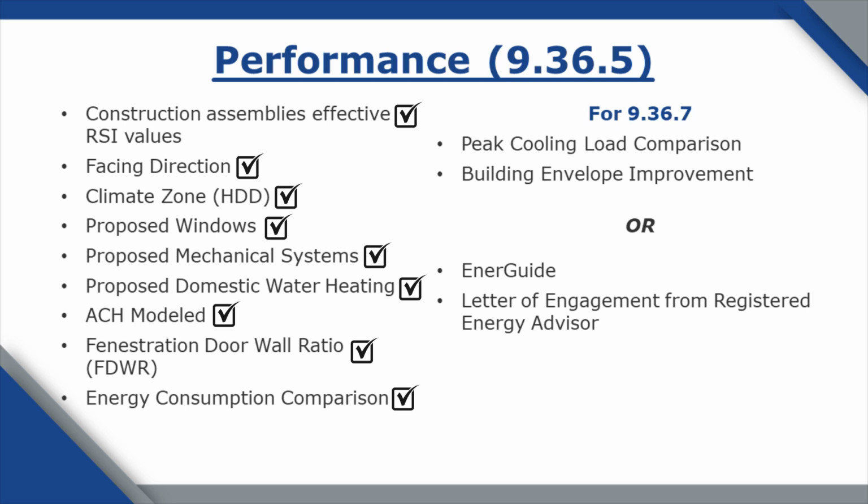Now, when we move from there, using the 9.36.5 performance model, and we move into the tiered portion of the code, the 9.36.7, that's where we have to also now calculate peak cooling loads. So when we do the proposed house versus the reference house, what are the peak cooling loads of each of them? And that determines compliance.